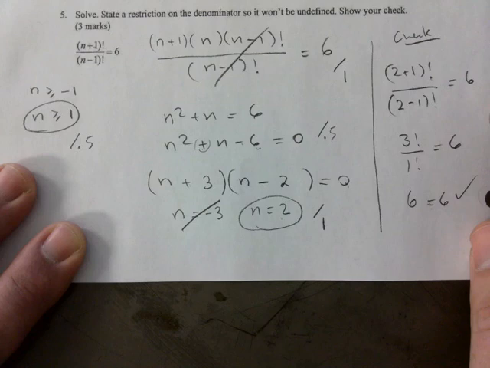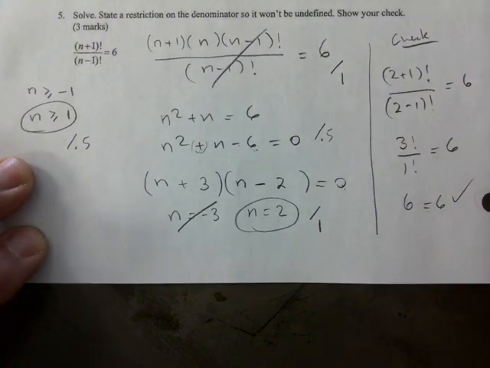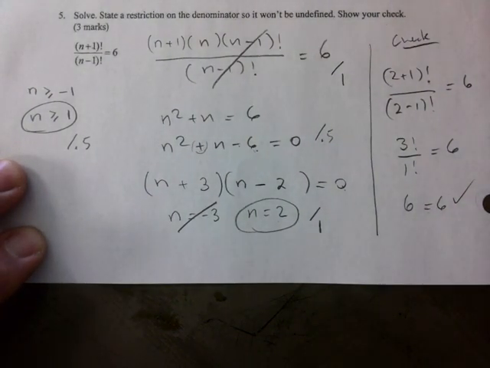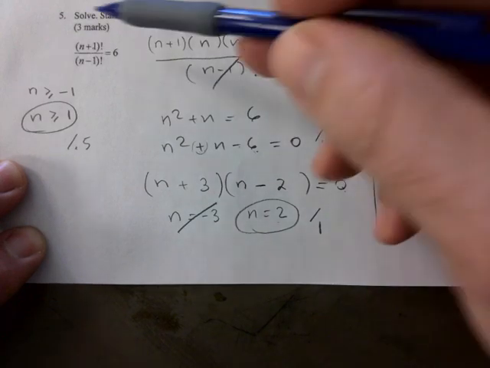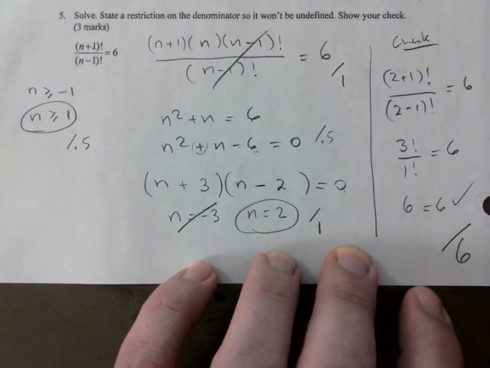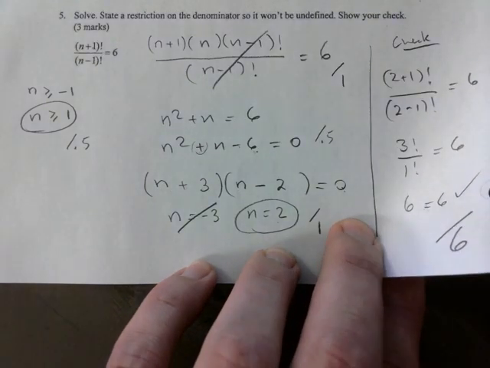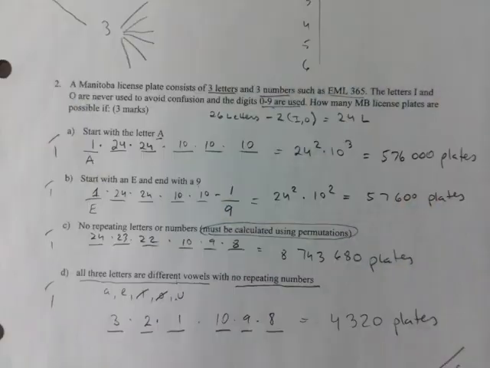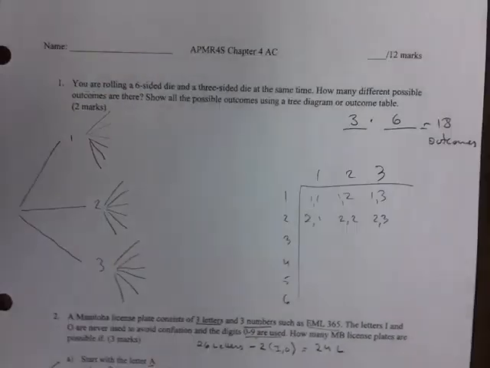So 3 marks if you have n is equal to 2, and it kind of looks good. So 1 and 2, that's 3, and another 3 is 6. So the back side is 6 also. So 6 and 6, we've got a total of 12. Hey, it still worked out.